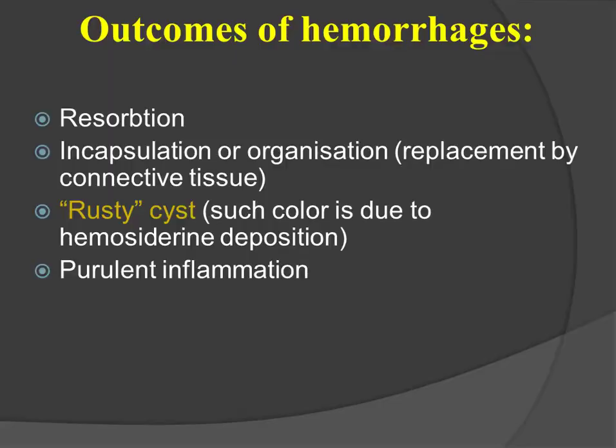Outcomes of hemorrhage: resorption of the extravasated blood, tissue repair, replacement of the hemorrhage by connective tissue or organization, petrification, ossification, cyst formation, encapsulation, and separation of the hematoma. The significance of bleeding depends on its type, severity, and duration.